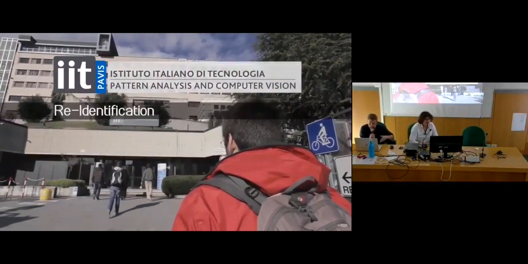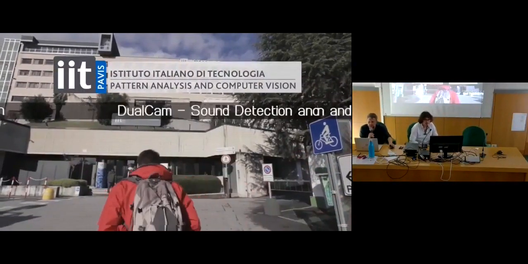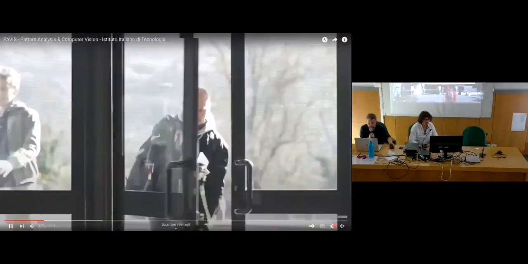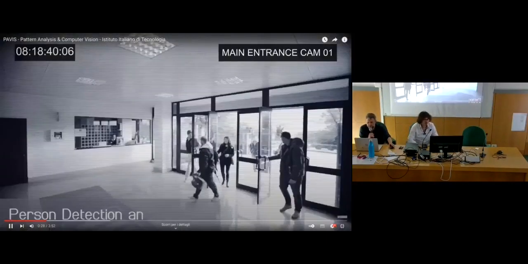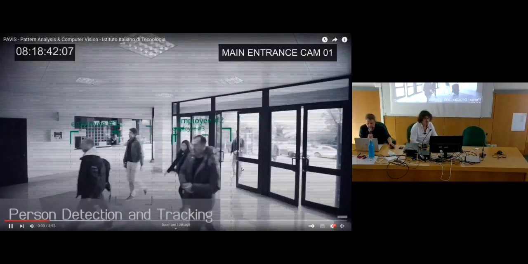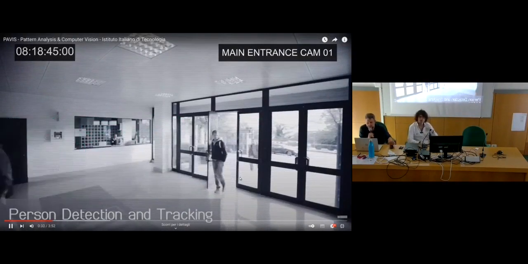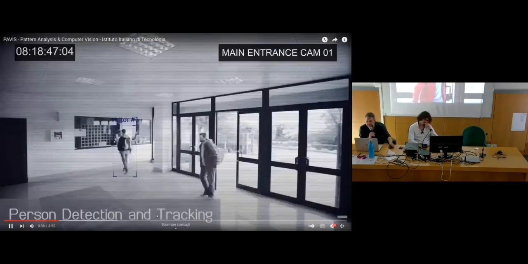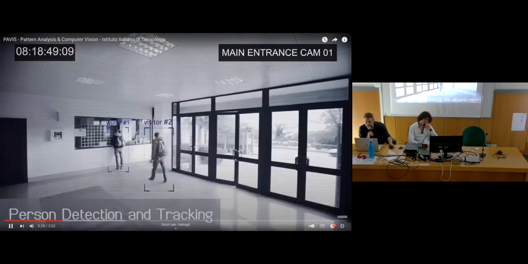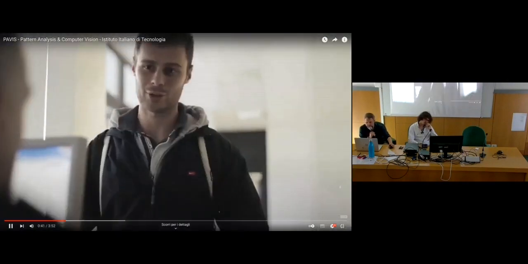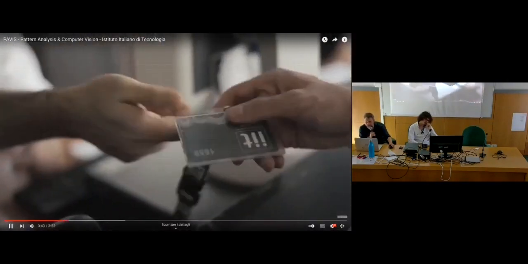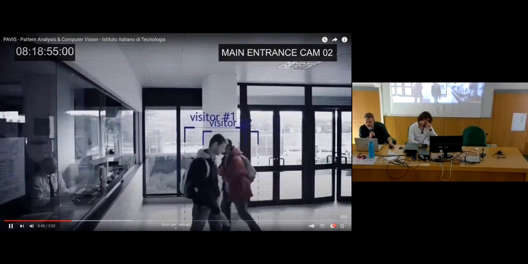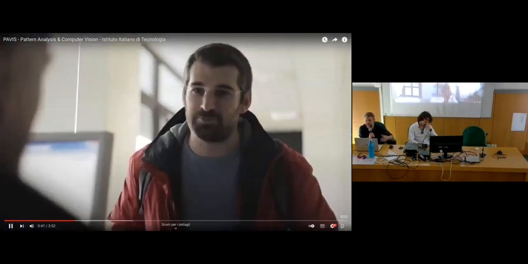Professor Murino also works here in the department, so possible projects in the degree can also be done in collaboration with this institute, which is of course very well known. Here you can see they developed applications for recognizing people, tracking people, or, as you can see now, recognizing behaviors.